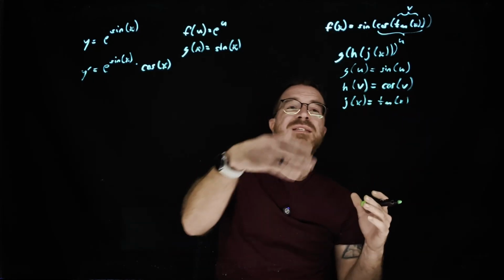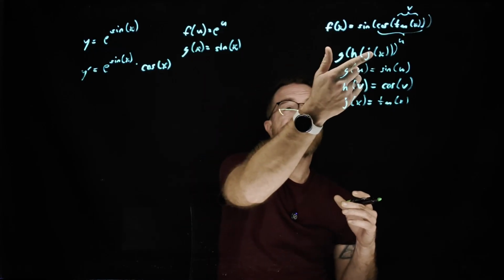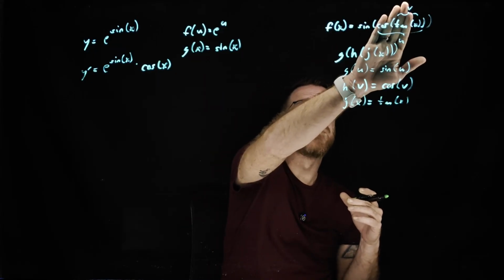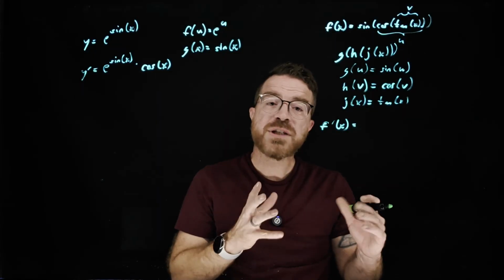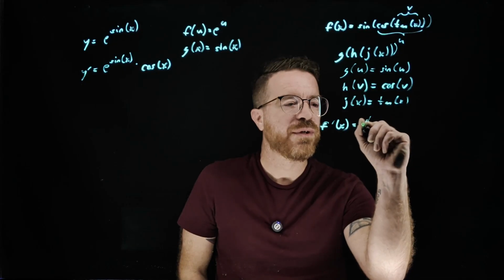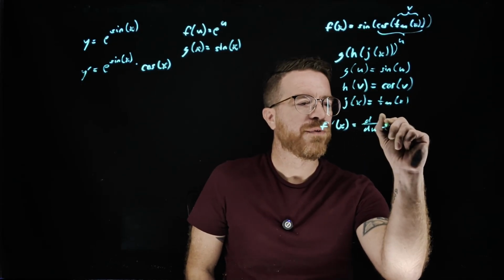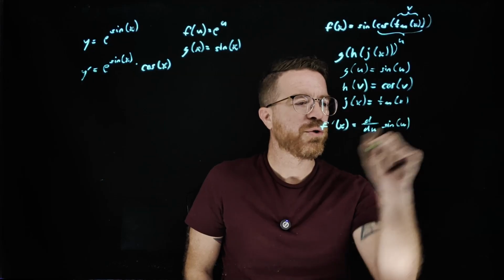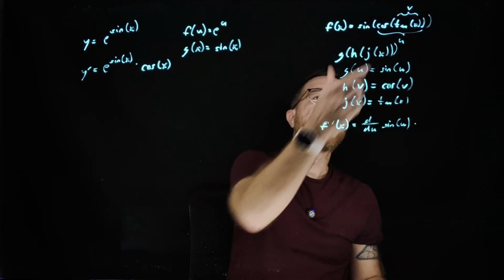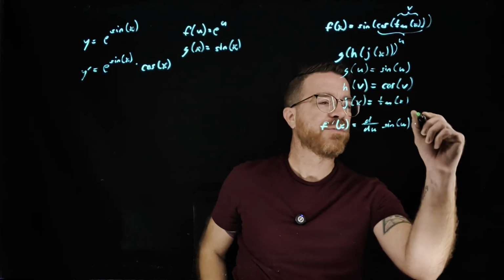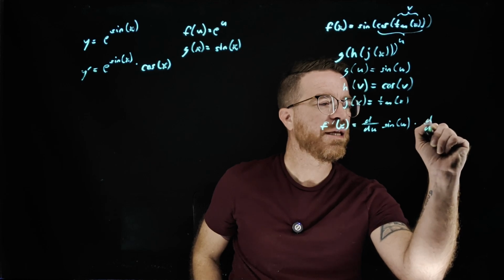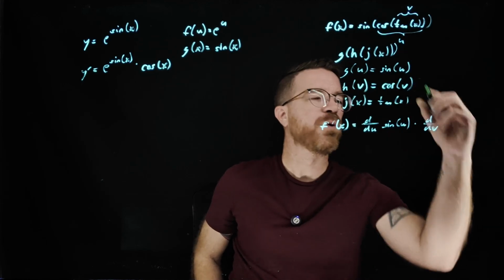So what this pretty much means is when I'm taking the derivative of the outside, it's going to be the derivative of sine of something. So the first thing I'm going to do is take the derivative d/du of sine of u times, I'm going to go in one step, the derivative d/dv of cosine of v.